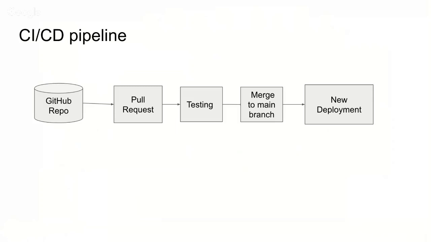That's very nice because from your local machine, you can push a commit or a pull request to GitHub, wait a few minutes for the CI to run and for the merge and the new deployment to happen. And a few minutes later, you have your new application running in production.